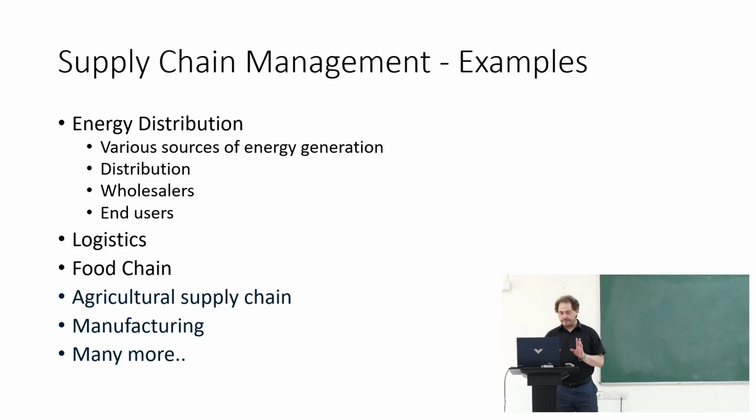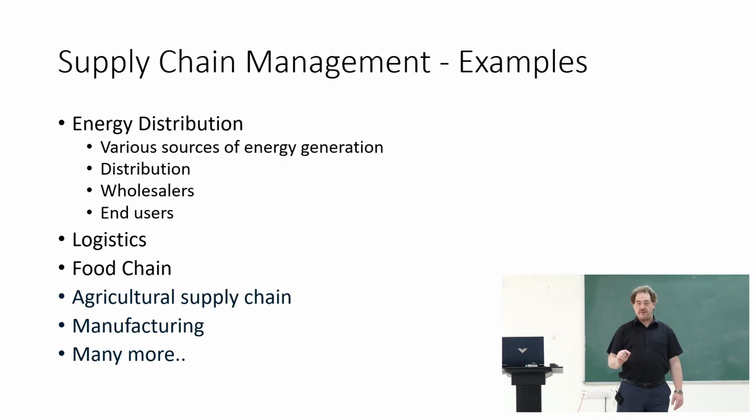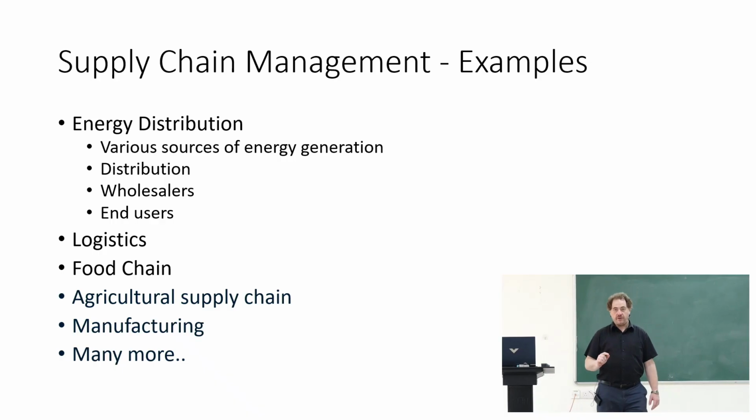Okay, so various sources of energy generation. Energy may come from a battery. Energy may come from a global producer of energy. Energy may come from a micro producer. So people are installing micro turbines in their homes, right? And in Norway there are a lot of rivers and a lot of mountains, so most of the energy produced is due to hydro.